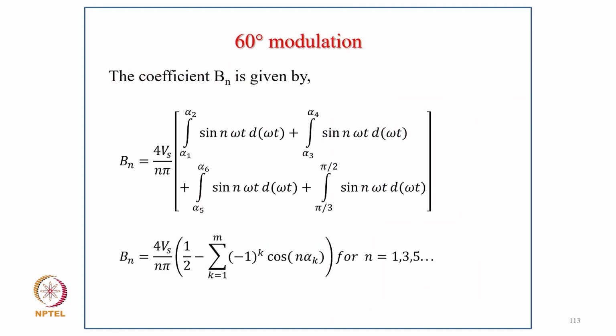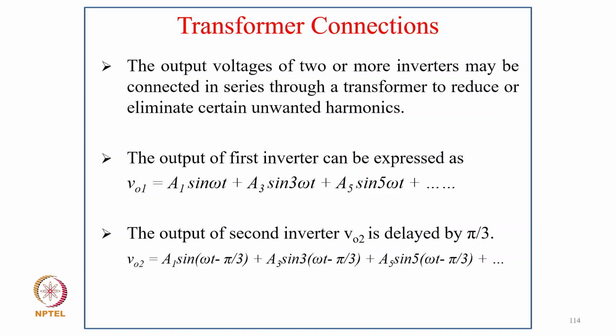So the coefficient Bn is given by Bn equal to 4 Vs upon n pi in bracket, integral alpha 1 to alpha 2 sin n omega t d omega t, plus alpha 3 to alpha 4 sin n omega t d omega t, plus alpha 5 to alpha 6 sin n omega t d omega t, plus pi by 3 to pi by 2 sin n omega t d omega t, and that gives Bn equal to 4 Vs upon n pi in bracket half minus the sum over k equal to 1 to m of minus 1 to power k cos n alpha k, for n equal all odd harmonics.